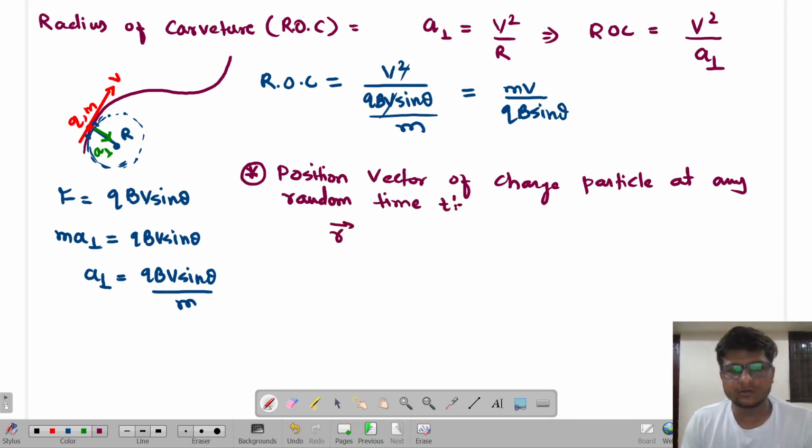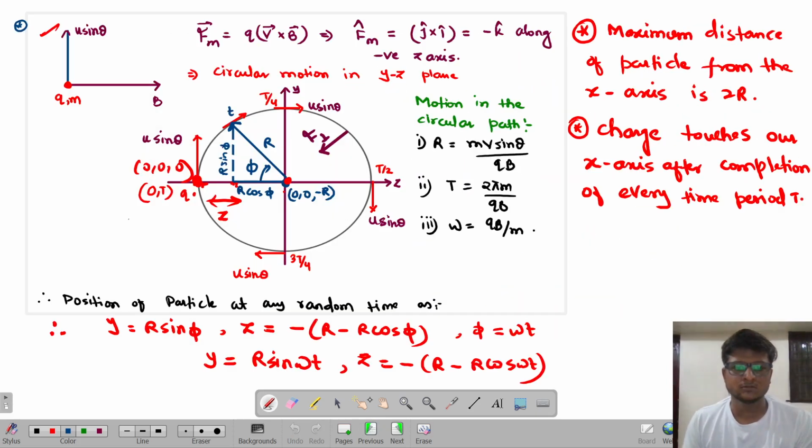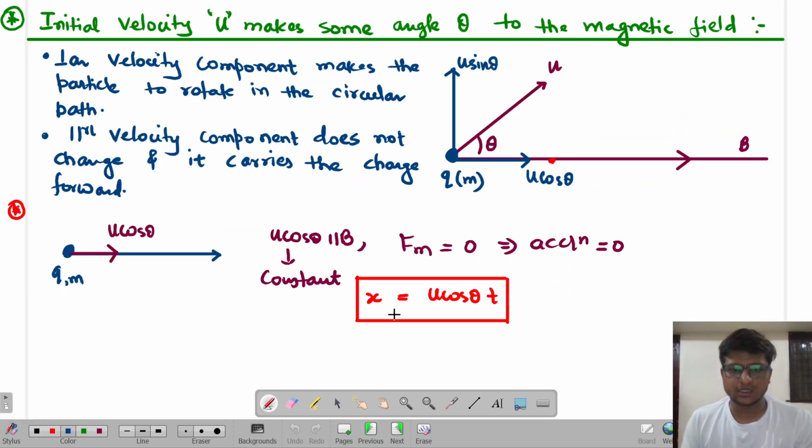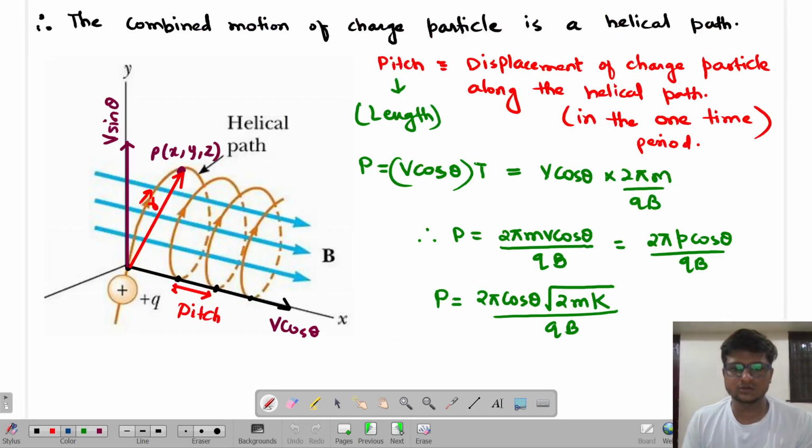So r vector will be x i cap plus y j cap plus z k cap. What will be that equation? The x coordinate is given by u cos theta into time t. Yes or no?